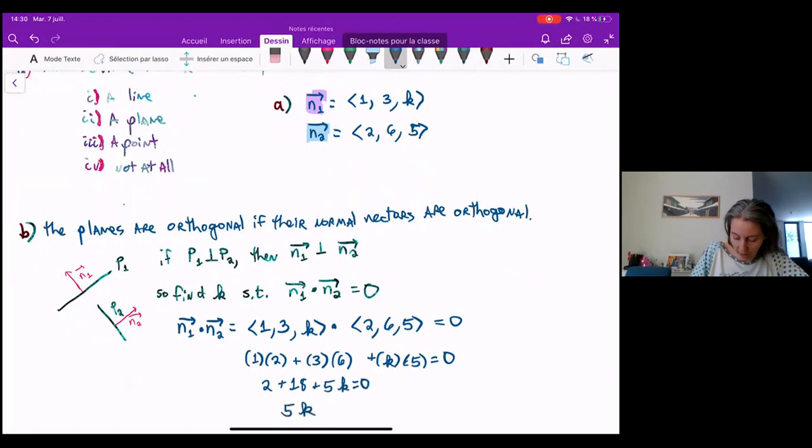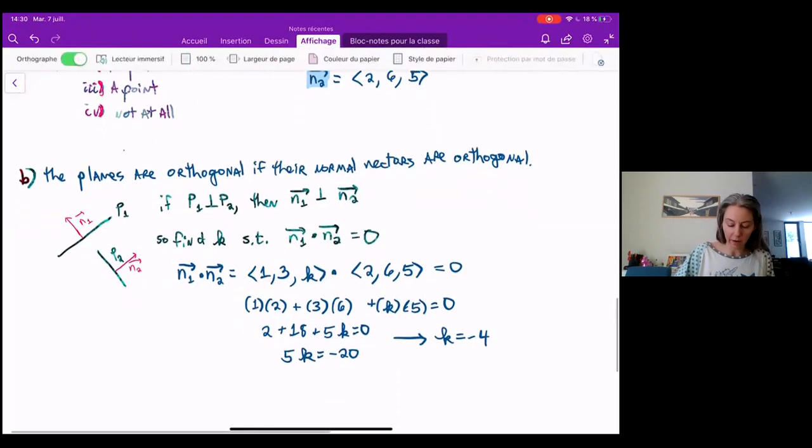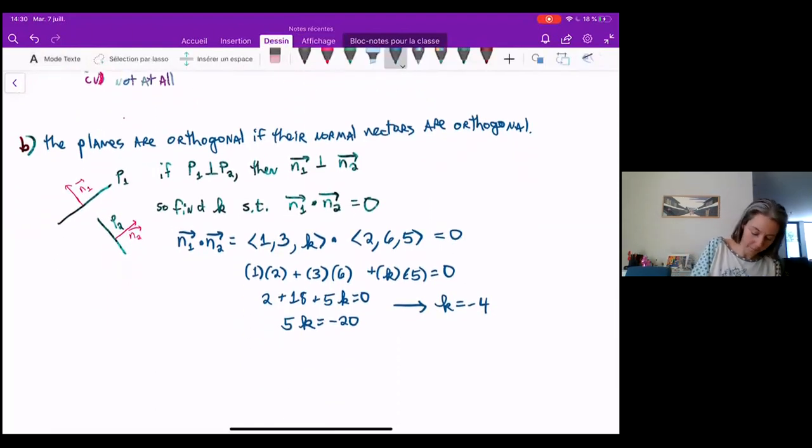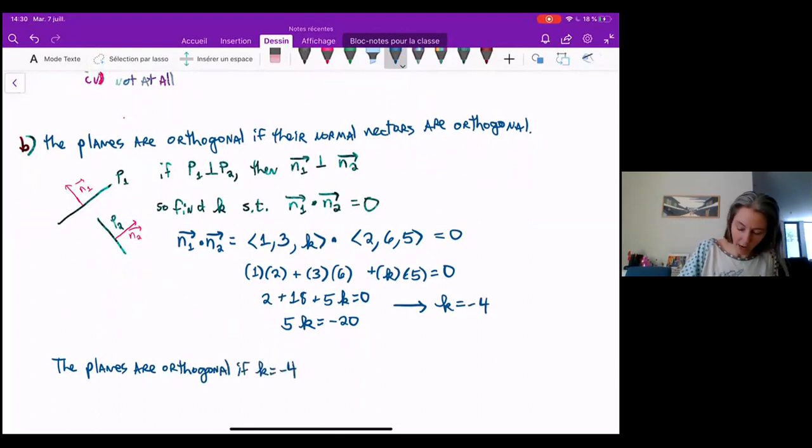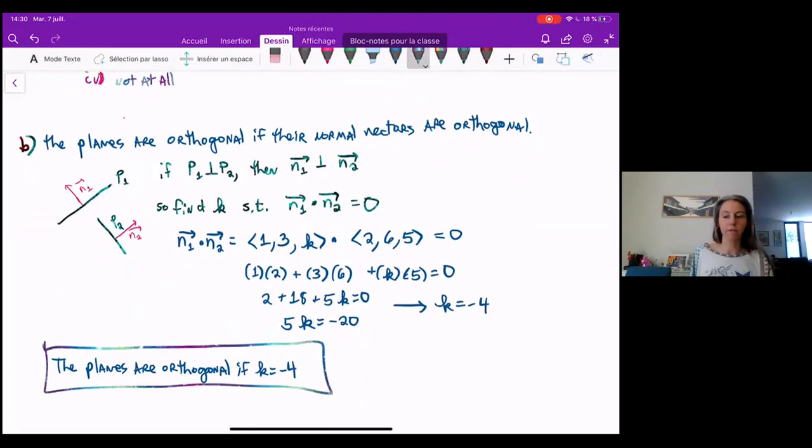So 5k is equal to negative 20, which tells me that k is equal to negative 4. So in other words, these planes are orthogonal if k equals negative 4.